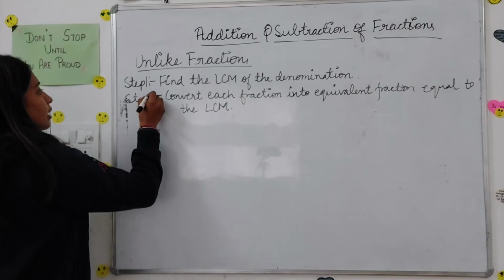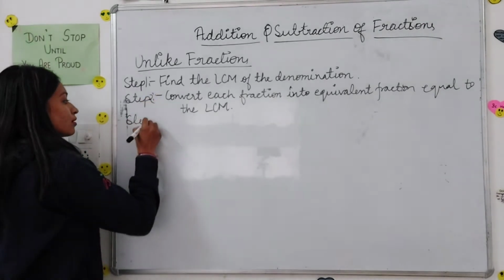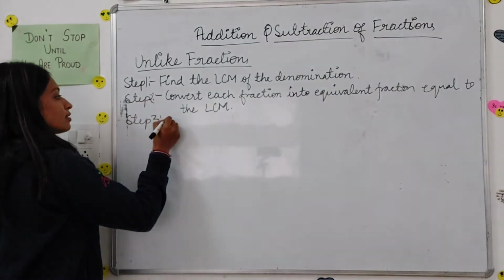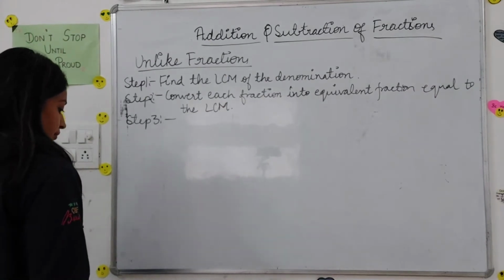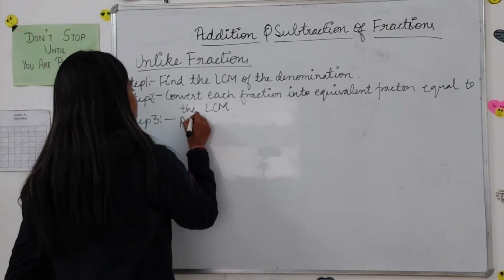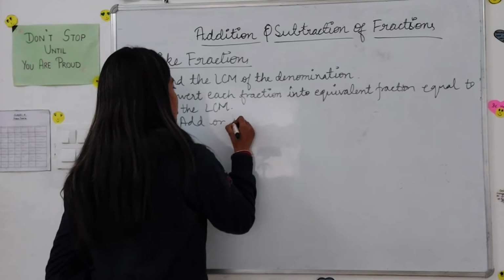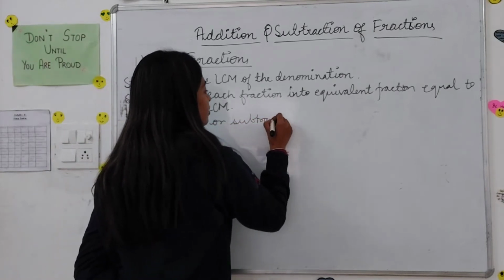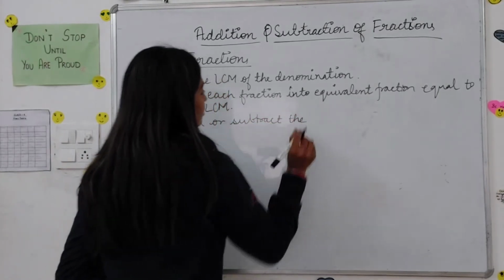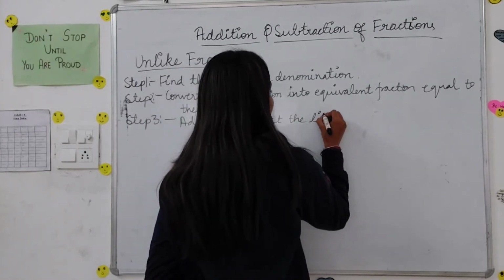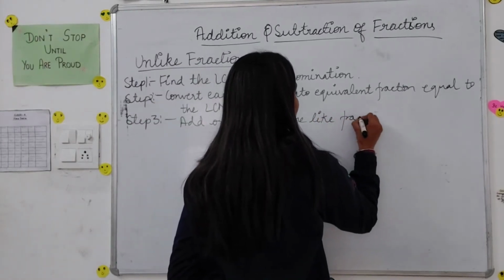And the last step, step number 3, is add or subtract the like fractions.